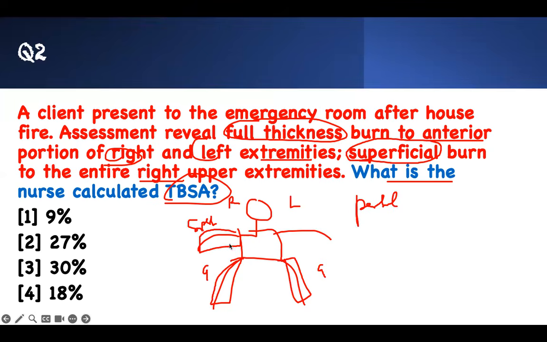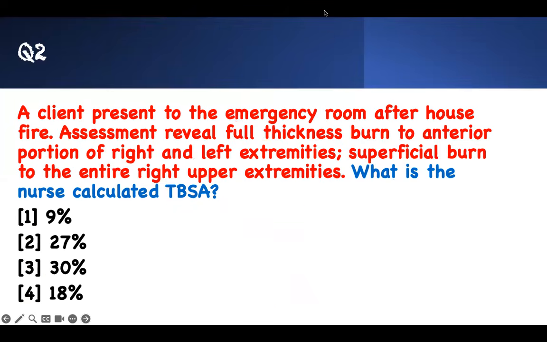Therefore, even though this is all burned, this will be 9 and 9 total. Don't add this to that. So the only thing you can add is 9 and 9. That is the full thickness. Superficial burn is not calculated. So this is wrong, this is wrong, this is wrong. 18. So this anterior portion. That's the concept I want to emphasize.